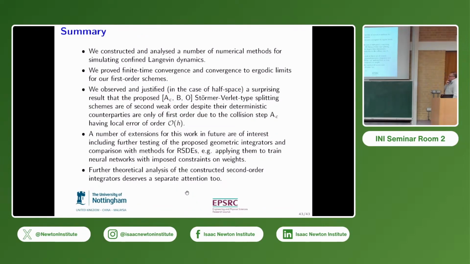So in terms of the summary, if I may, maybe this talk will move some of you to work on this object, which is very unstudied in many ways. So there are a lot of interesting things that can be done. Further theoretical analysis of the second order integrators can be done. More can be done in terms of existence, uniqueness, ergodicity, corresponding PDE problems, their properties.